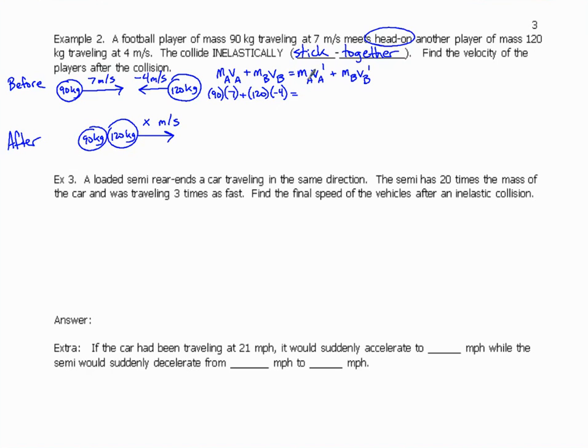The mass of player A is still 90. The only thing we don't know is his velocity. VA prime, we just know it's x. Plus the mass of B, which is 120, and the velocity of B prime is also x.